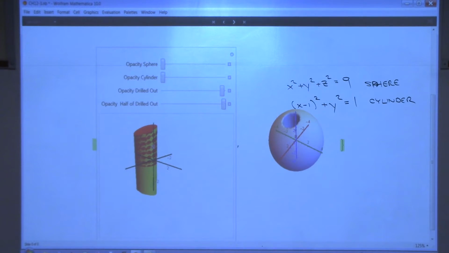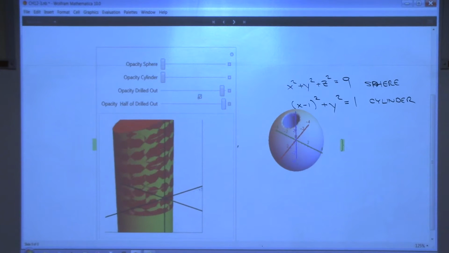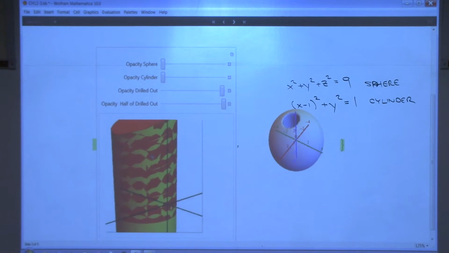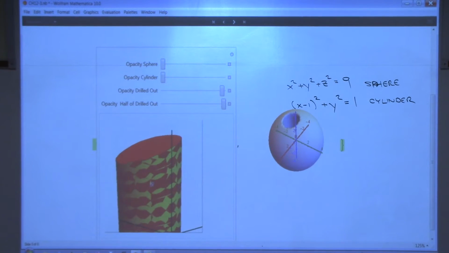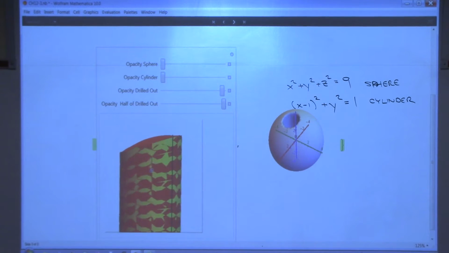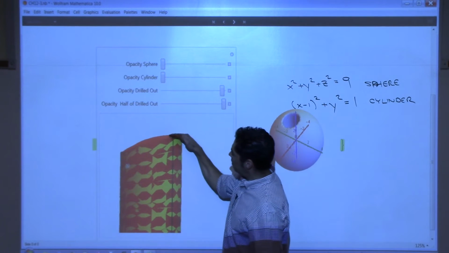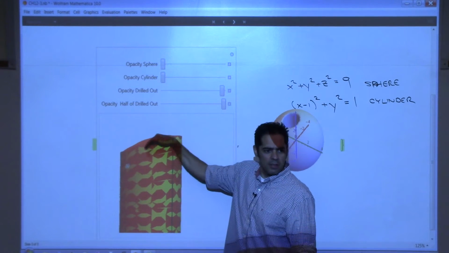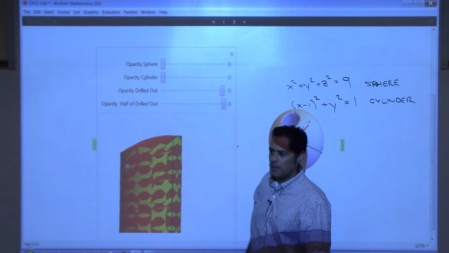I'm going to try and zoom in on this. I hope this works. If I rotate this, yeah, that's going to work. You see, that top edge of the cylinder is part of the sphere, isn't it? You have to account for that.